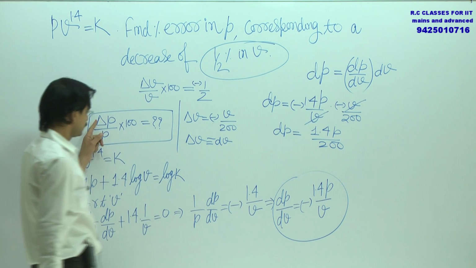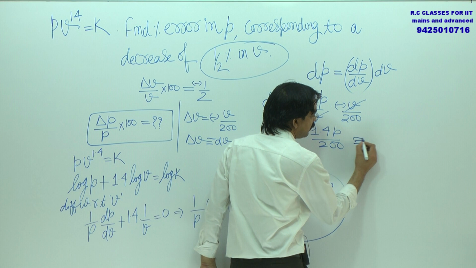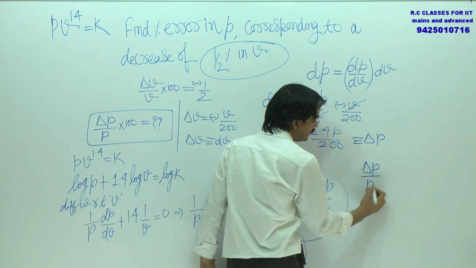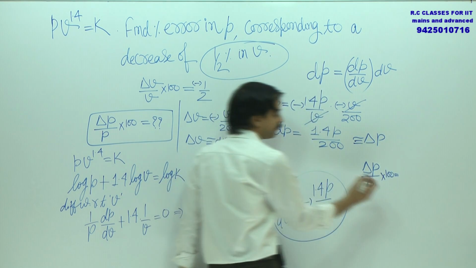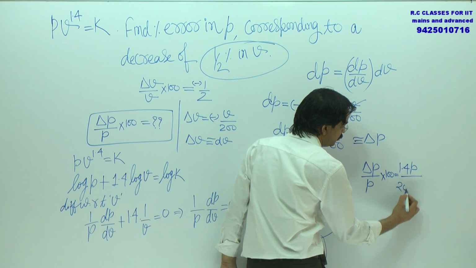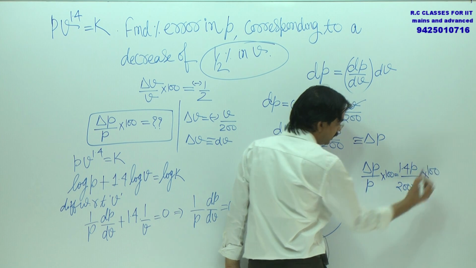We want percentage error in P, equivalent to delta P. Percentage error delta P upon P into 100 will be equal to 1.4 P upon 200 into P into 100.